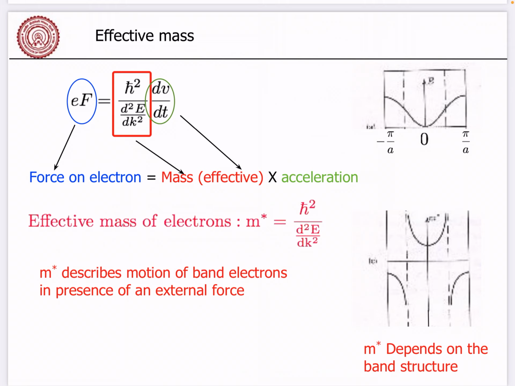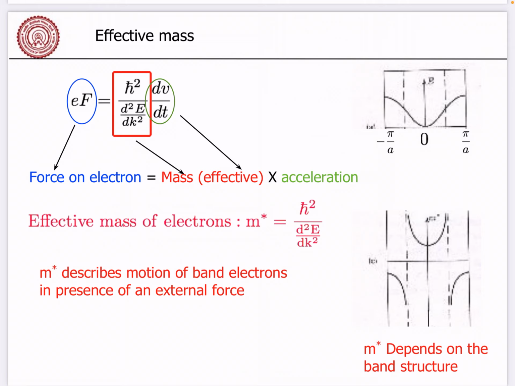So that means what we see here is that the effective mass of an electron in a solid can be positive or negative depending on the k values. So this is an interesting result. You never thought mass can be negative.